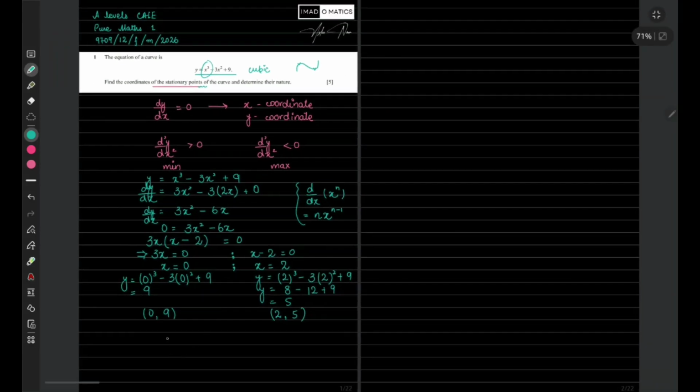Taking this first derivative, 3x squared minus 6x, and differentiating it again, we get 6x minus 6.